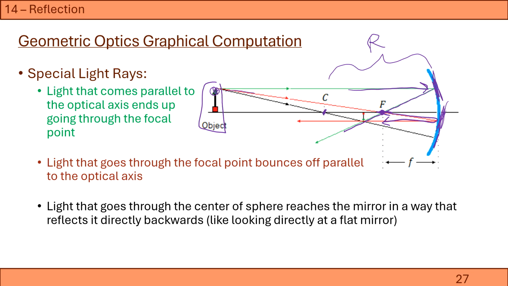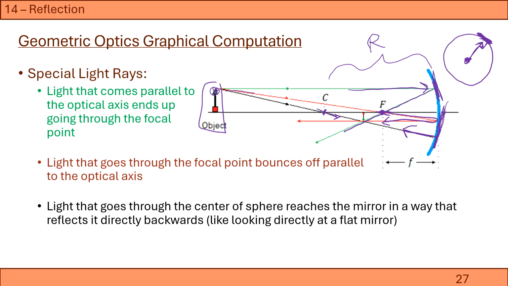And at the mirror, if you think about a circle, any light that goes towards the edge is going to be perfectly perpendicular to the edge of the circle, right? And so, due to the law of reflection, it's going to bounce perfectly right back at you. And so light that goes through the center comes back.